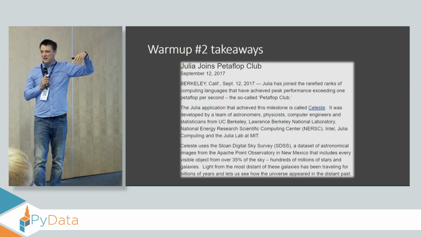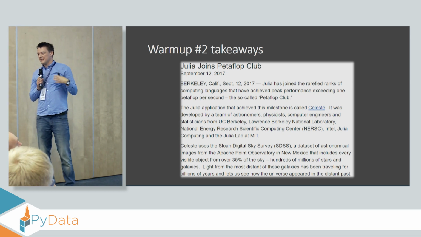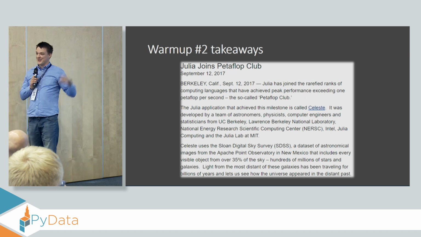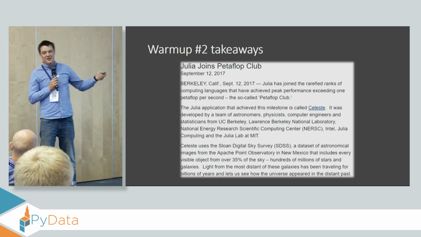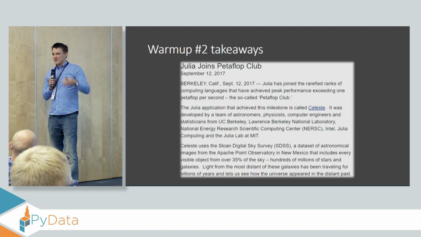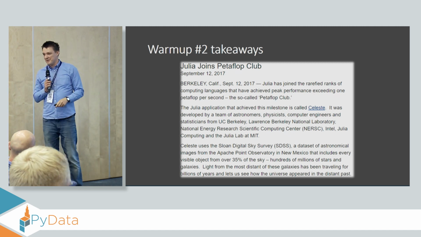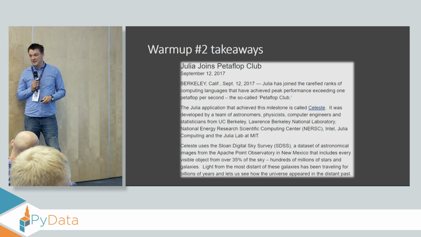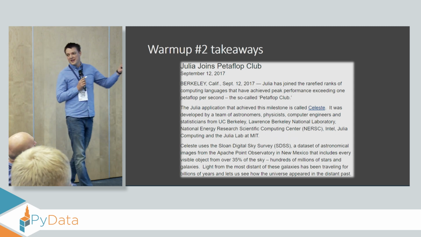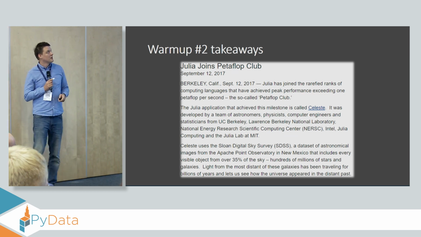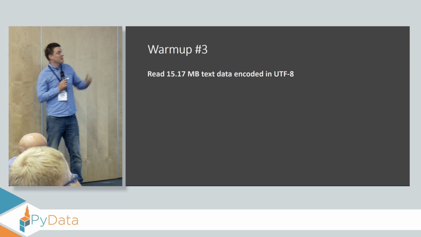There are none. At least as I know, and as the Julia creators claim, because in Python, you know it very well, you have the GIL, and there are some ways around it, but in general it is a hard issue, and in Julia it's simply built into the language that you can distribute your computations. So this is the second takeaway.